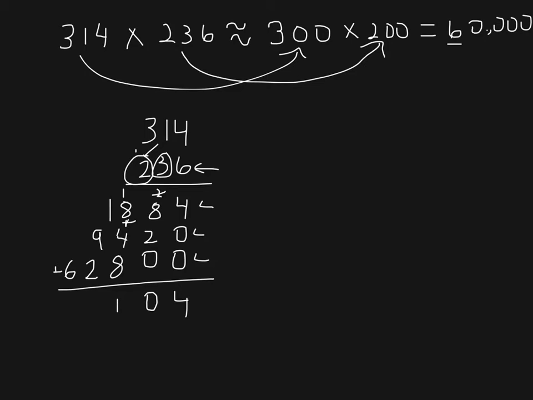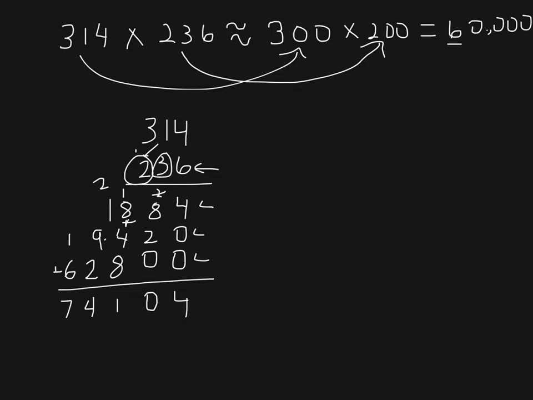Now I've got 2 thousands to bring over, and 2 plus 1 is 3, 3 plus 9 is 12, and 12 plus 2 is 14, so I'll put the 4 in the thousands place, and the 10,000s all carry over, so now I have 1 10,000 plus the other 6 for a total of 7 10,000s.